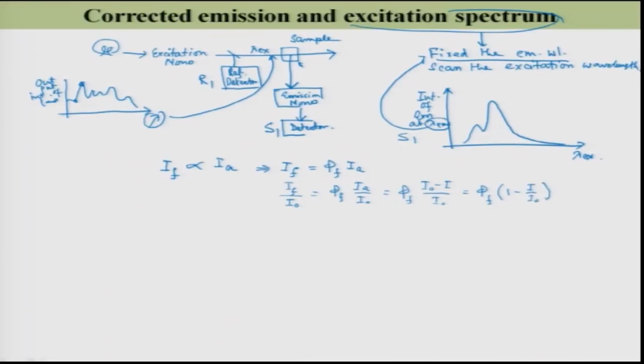And what do I know? I know log I0 by I equals epsilon CL, where L is the path length and C is the concentration. So, here I can write this equal to phi f times 1 minus 10 to the power minus epsilon CL.